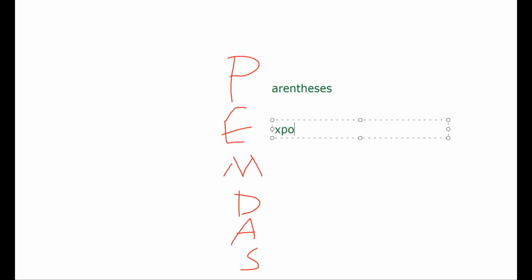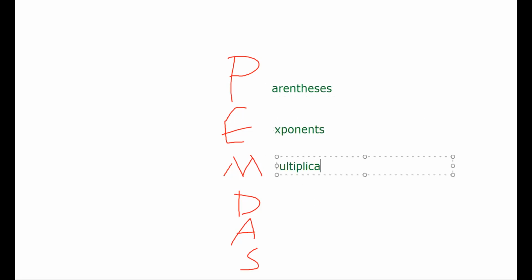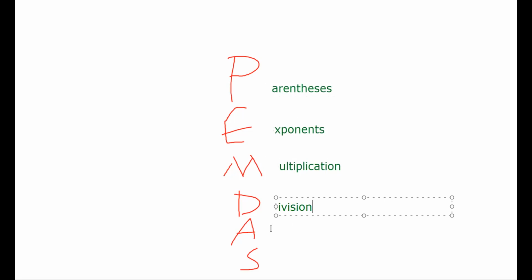Next up, you take care of any exponents. Third up, you take care of multiplication. Also third up, you do division. You count multiplication and division as basically the same step. Then you do your addition and subtraction.